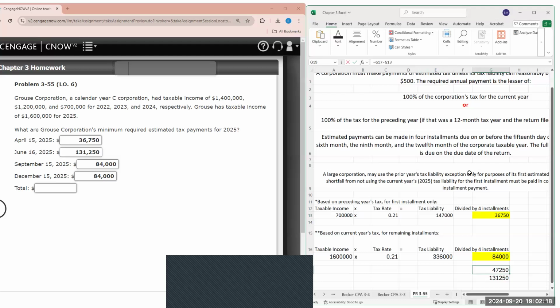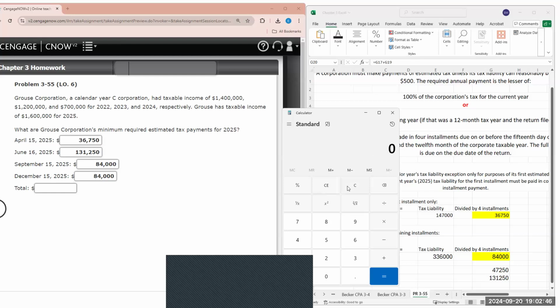So what we simply did, we subtracted the required quarterly estimated payment minus the estimated payment we made for the first quarter. That gave us a difference of 47,250. So we added the quarterly payment of 84,000 with the shortfall from the first quarter, and that gave us a total estimated payment for the second quarter of 131,250.